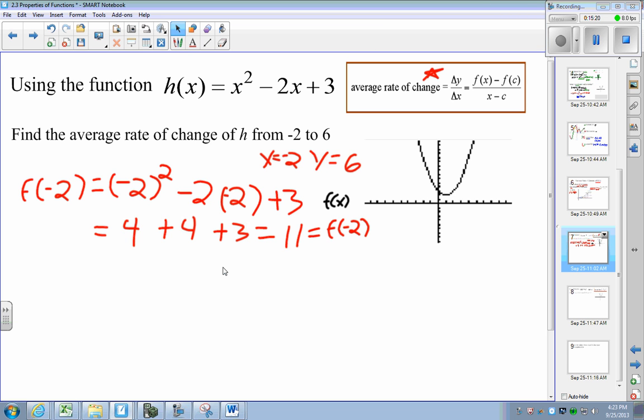All right, so now we have to solve for f of 6. And that's where we're just going to throw 6 into all of our x's.